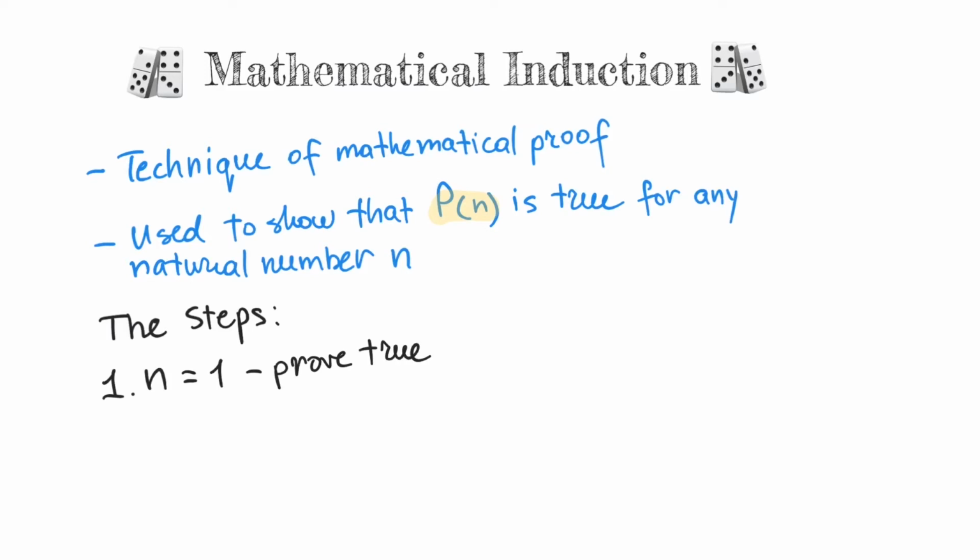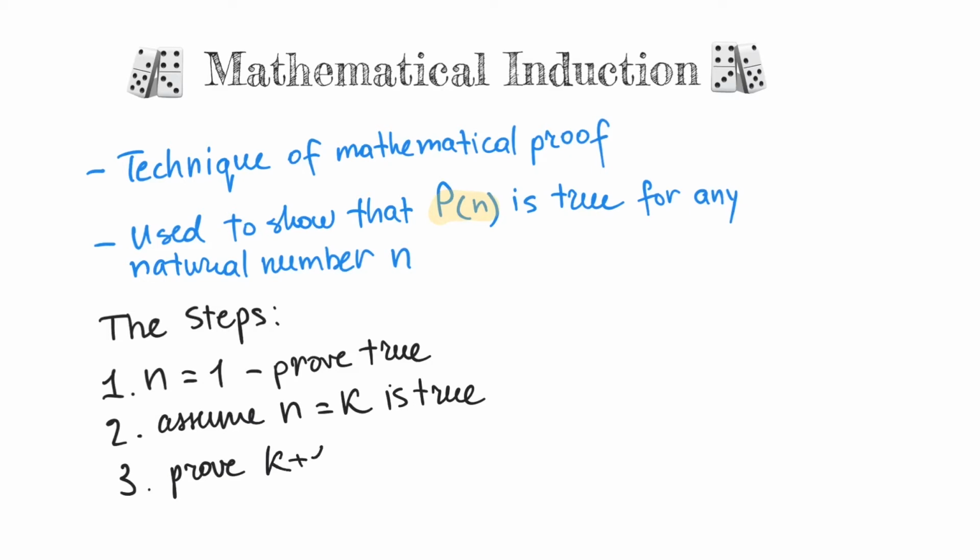And if it is, then you continue and you assume that the statement is true for a certain number k, which could be any natural number. Then you have to show that it's true for k plus 1. So k is your first domino, and k plus 1 is your second domino. You have to prove that the first domino topples the second one.